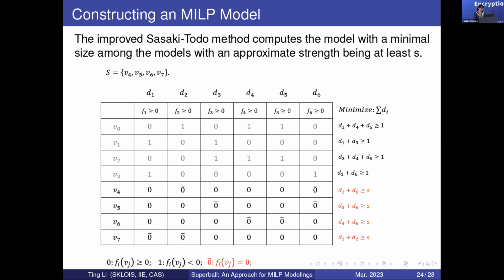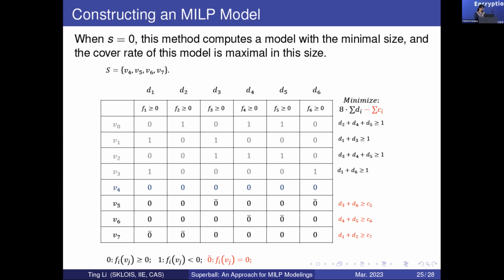In this table, we use 0 bar to indicate that the point Vj lies on the hyperplane of the inequality I, and to make sure that each point in S lies on at least S hyperplanes, we add the constraints on the right.